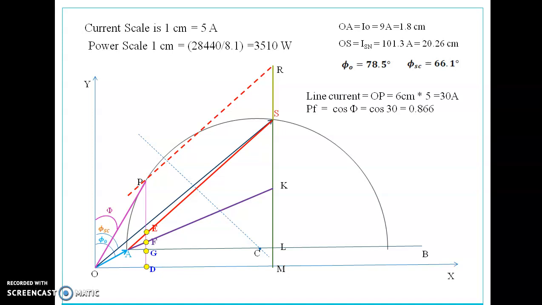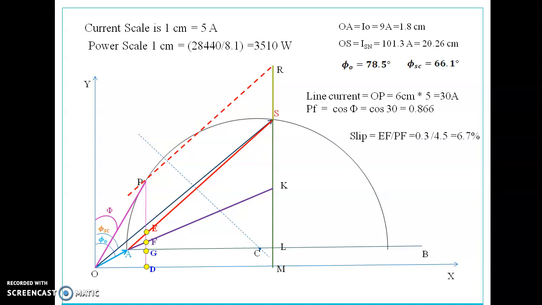PF is equal to rotor input. So the ratio EF to PF, which is rotor copper loss divided by rotor input, will be S. So slip S can be found out as 6.7%.